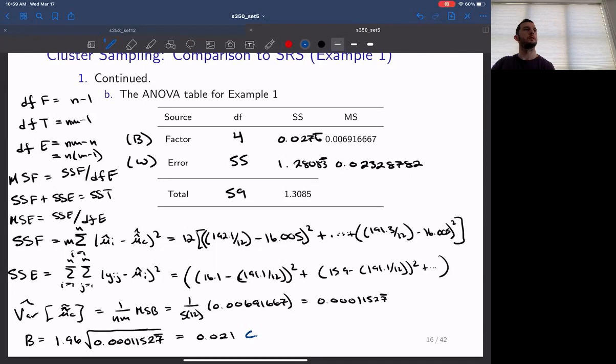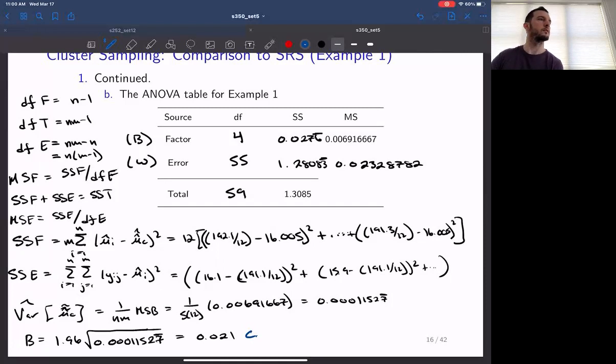Right, so that means that we're going to compare the MSB to the spacing issues, right?